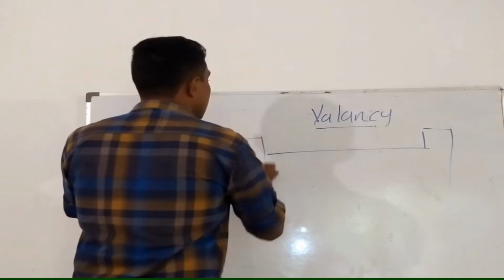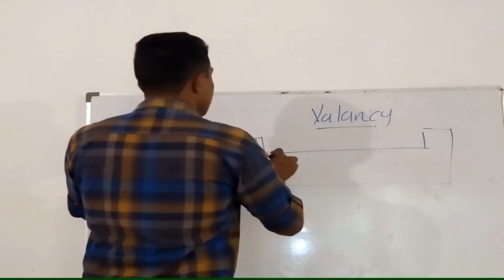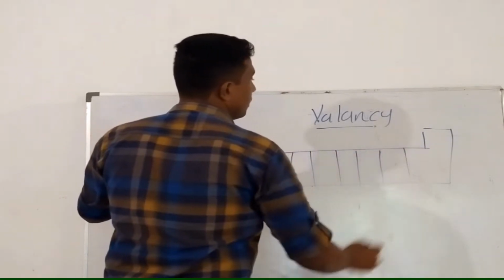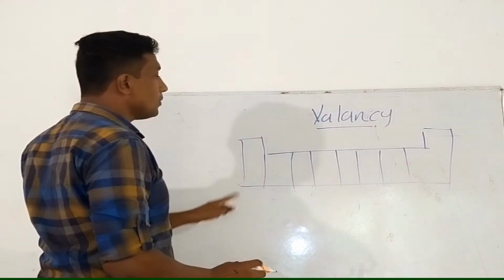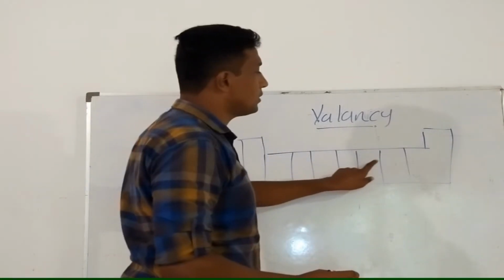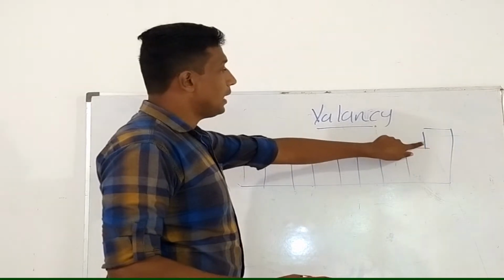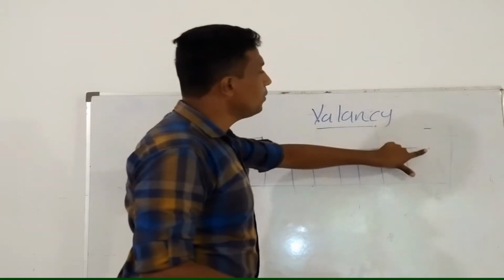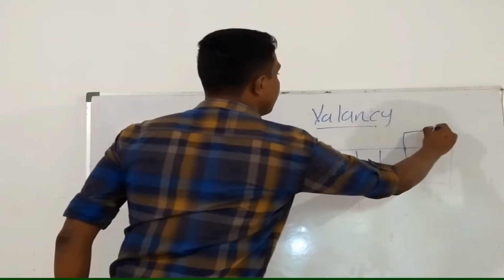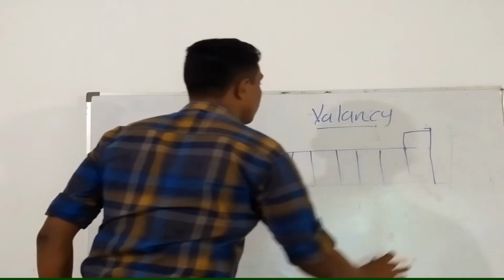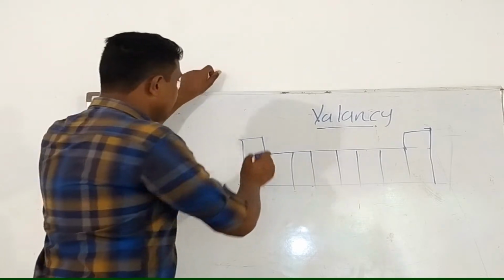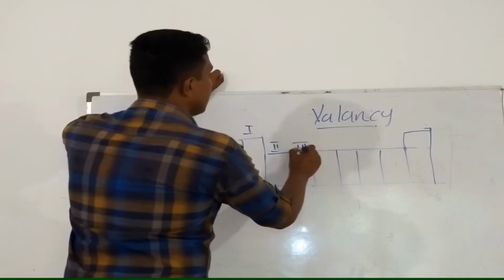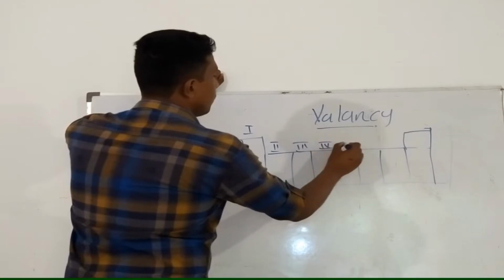When it comes to the periodic table, as we have discussed prior, how many groups do we have? 1, 2, 3, 4, 5, 6, 7, 8 groups within the periodic table.